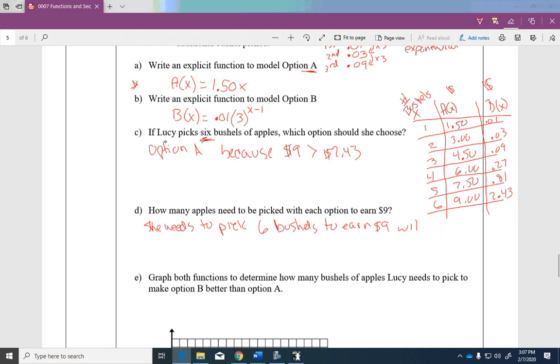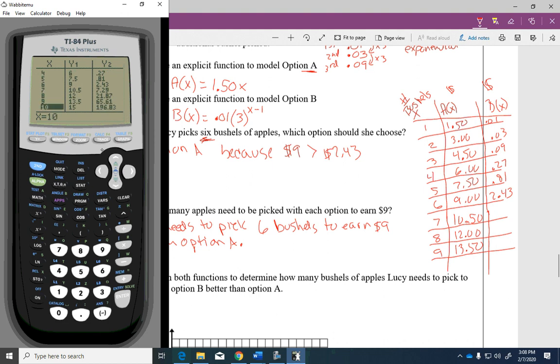Actually, I'm going to move these words because I'm going to be extending my table. And how much does she need to pick with option B to get to $9? So next is $7.29.